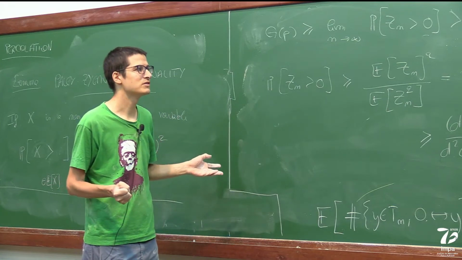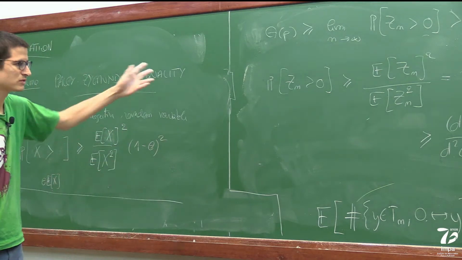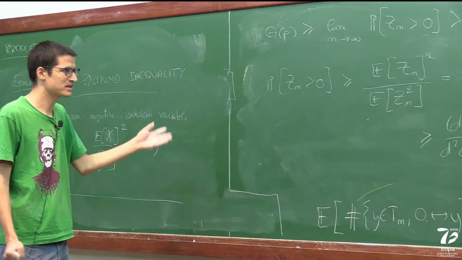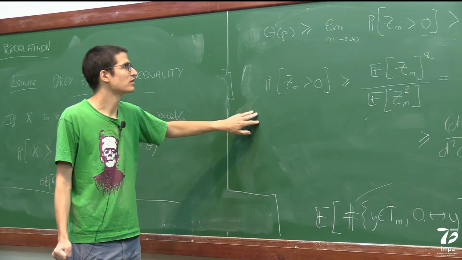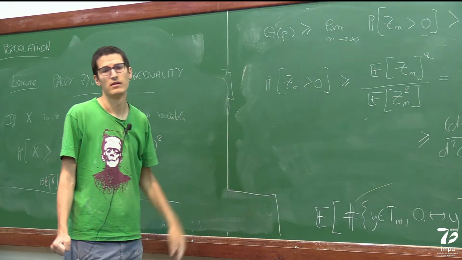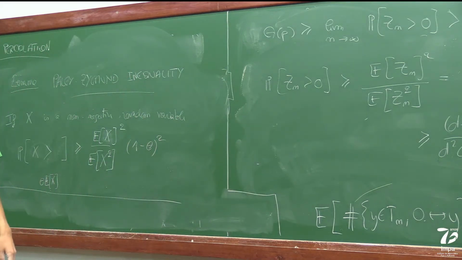It's sometimes tedious, but it's always useful. It also gives a striking result, because it gives not only a bound of theta p, but really the right value for pc.